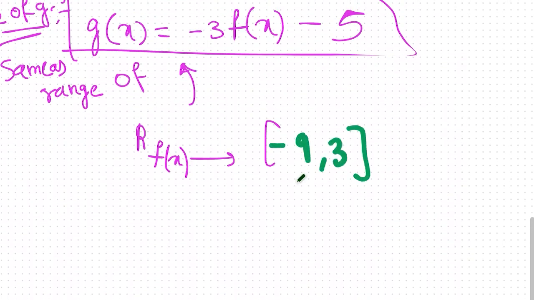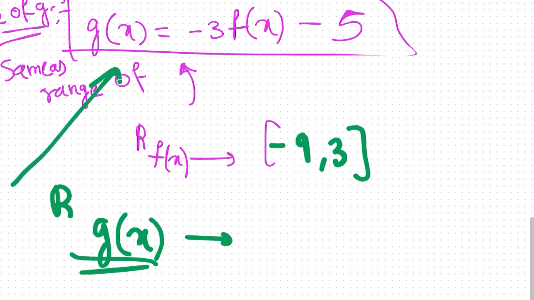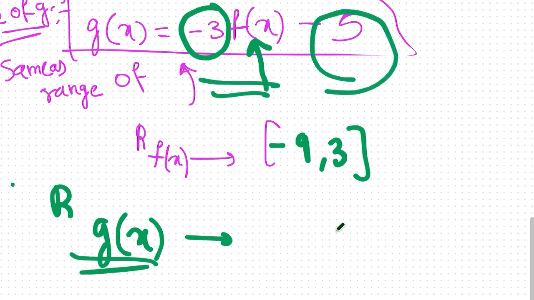Okay. So how will that affect g? How do you find the range of g of x? Negative 9 is less than or equal to f of x, which is less than or equal to 3. If you study g of x carefully, f of x is being multiplied by -3 first, and then for that answer, you are subtracting 5.